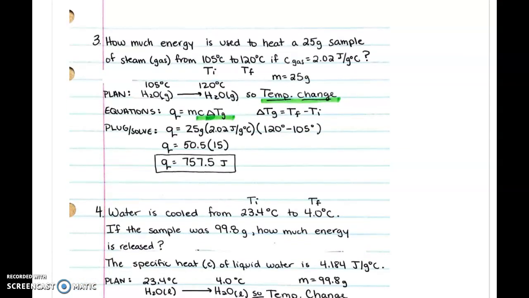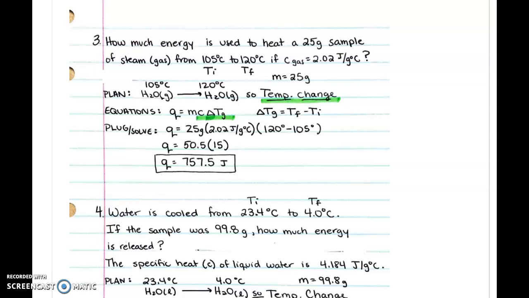Okay, so my plan. I am going from water gaseous to water gaseous. What's changing is my temperature, so I write them above. Now, because I'm doing this temperature change, I want to mark my 120 is my final temperature, my 105 is my initial temperature.